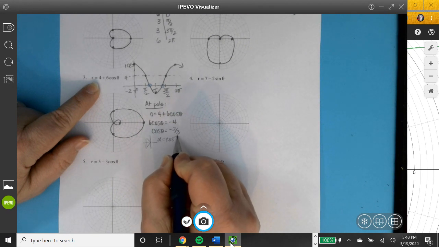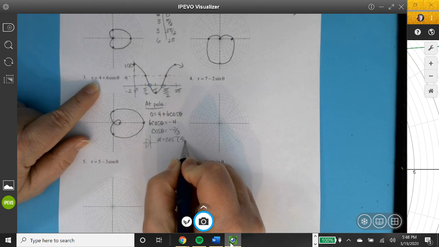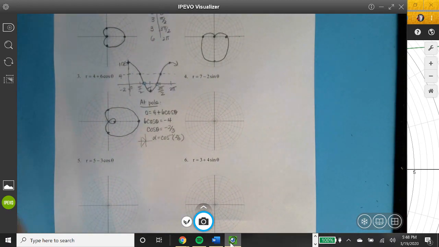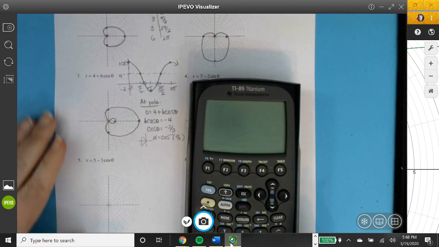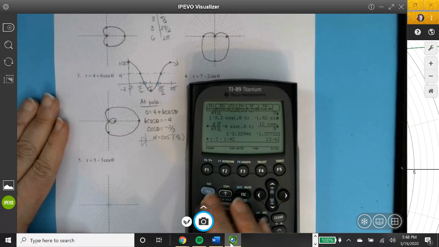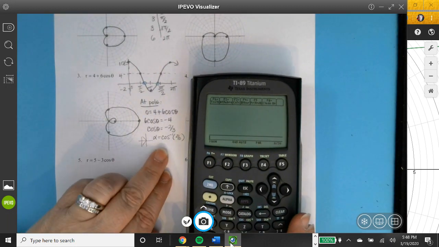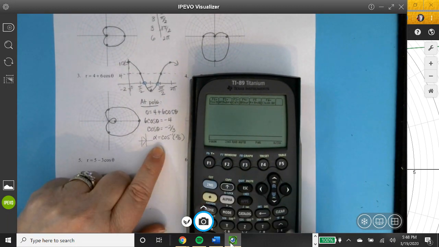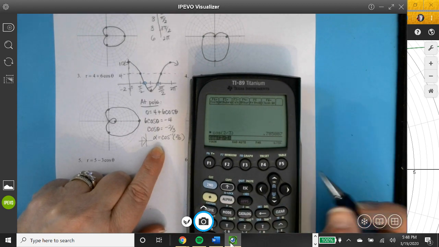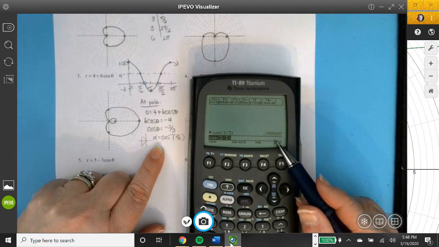Inverse cosine of 2/3. That's going to be the positive angle. Right here I have my handy dandy calculator ready to go. Clear. Let's make sure you're in radians because calculus is rad. Okay, and we're going to go second inverse cosine of 2 divided by 3 and diamond enter, and we're going to get 0.78.